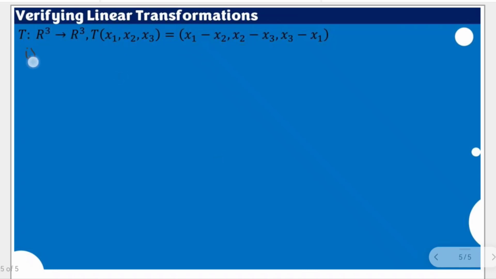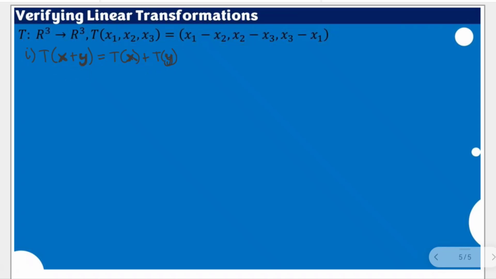The first condition is that for two specific vectors x and y, the transformation of their sum is equal to the sum of their transformations. Again, this is the first condition. The transformation of their sum is equal to the sum of their transformations.